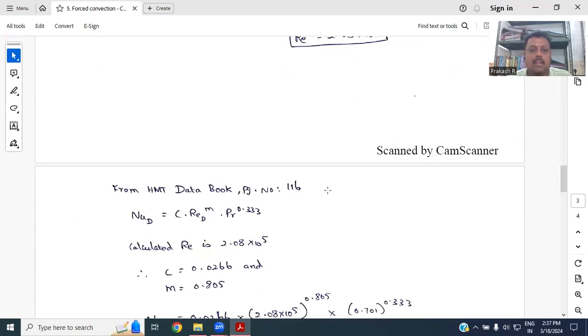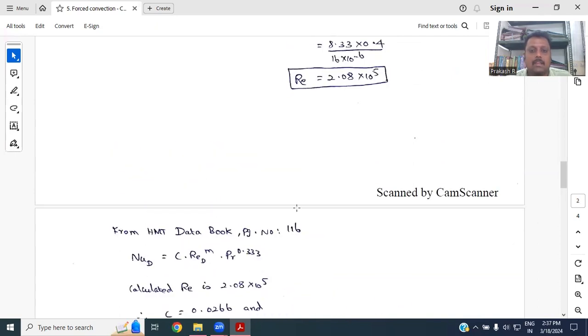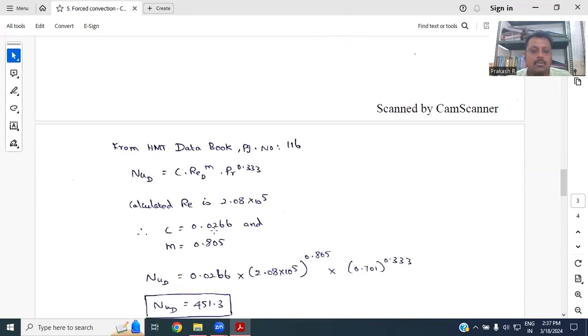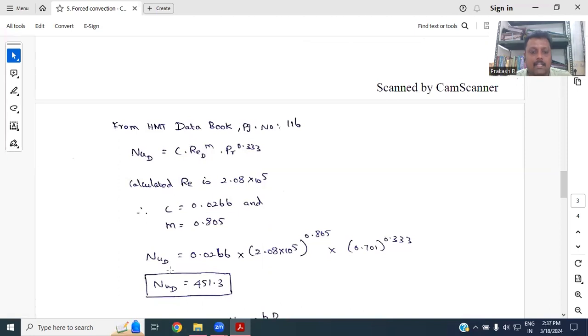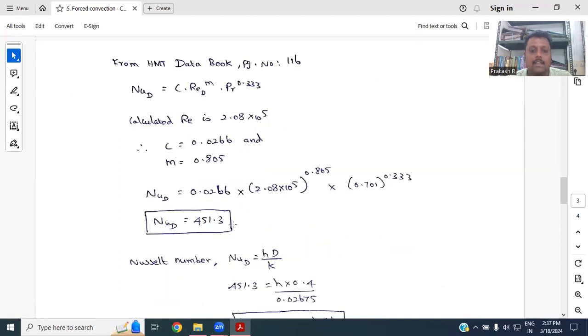There is a slab for the Reynolds number. If the Reynolds number is less than 2.0 into 10 power 5, we can take C is equal to 0.0266 and M is equal to 0.805. By substituting this C and M in the formula, we can find the Nusselt number value is 451.3.